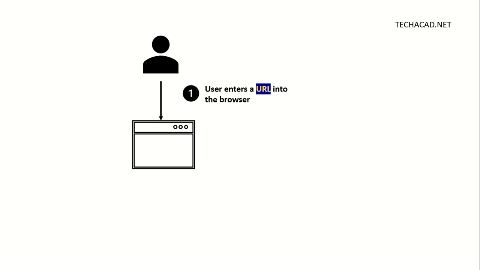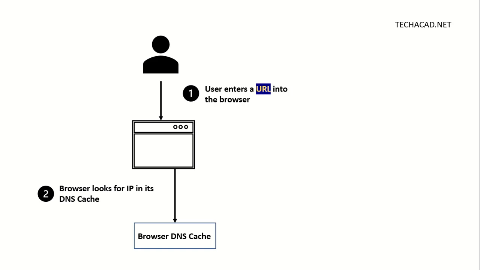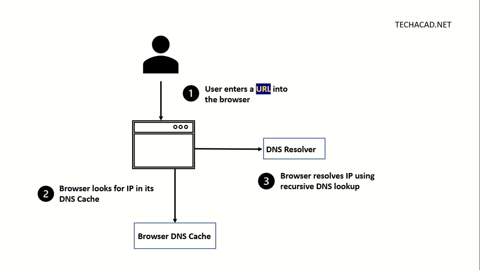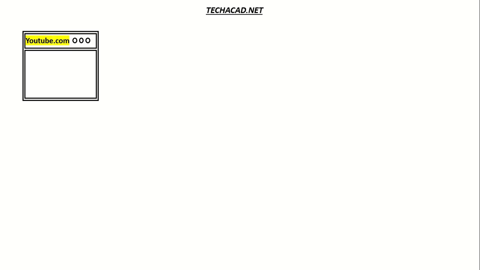So when someone enters a URL into the browser, it looks up the IP address in its DNS cache. If it does not find the IP address in its cache, it will ask the DNS resolver to perform the recursive DNS lookup. So the DNS resolver will then check its DNS cache for the IP address for youtube.com.